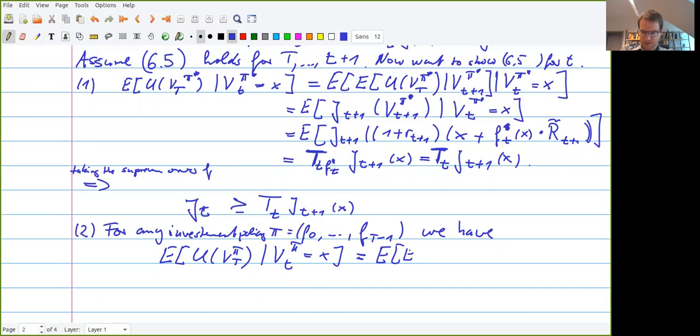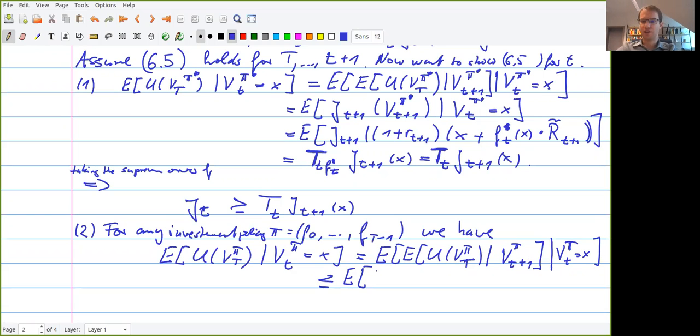So we sneak in another conditional expectation, where we condition on the wealth we have at time t plus 1, and then we condition as before on assuming that at time t we start with the capital X. So this can be estimated from above by taking the supremum, since we have the monotonicity of the conditional expectation operator.